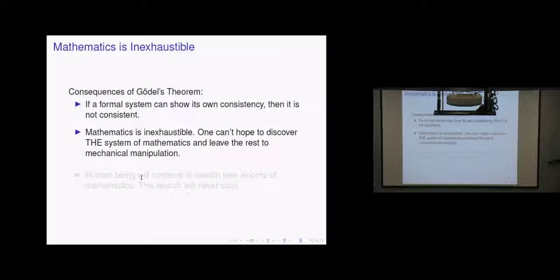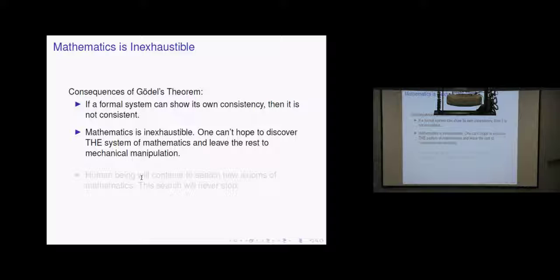Mathematics is not like that because of the incompleteness phenomenon. You have a system, and then there's always something you cannot get. The typical example is the consistency of the system itself. So you need to add something more in order to get the consistency of yourself.